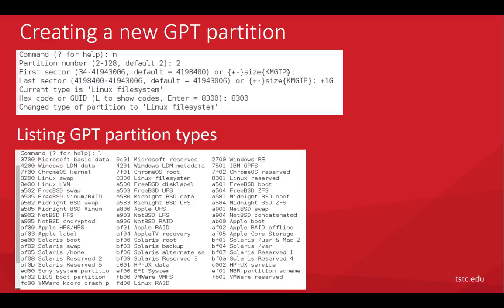Next, we see a prompt asking us for a hex code, and it shows that hitting enter makes it 8300, which is fine for what we are doing. To list these hex codes, just use the L key like before with MBR. Basically, they just added a 00 to the end of the ones we used with MBR, so 8300, 8200, and 8E00 will be the ones we use in the course.